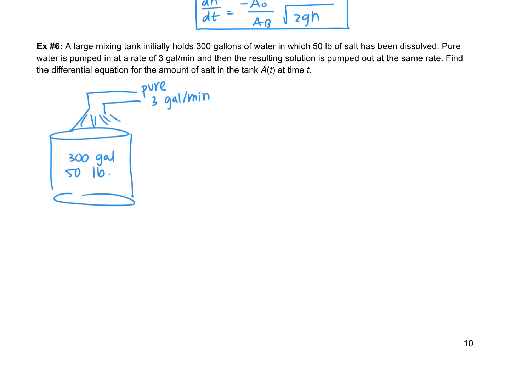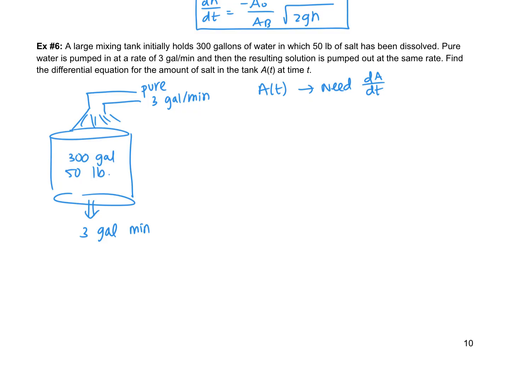We're mixing up the solution, and then we are pumping out at 3 gallons per minute. We are looking for the amount of salt in the tank at time t, which means that we are going to need dA/dt.